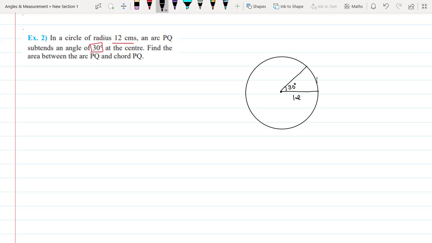If this is the point P, this becomes the circle of radius and arc PQ. Find the area between the arc PQ and the chord PQ.